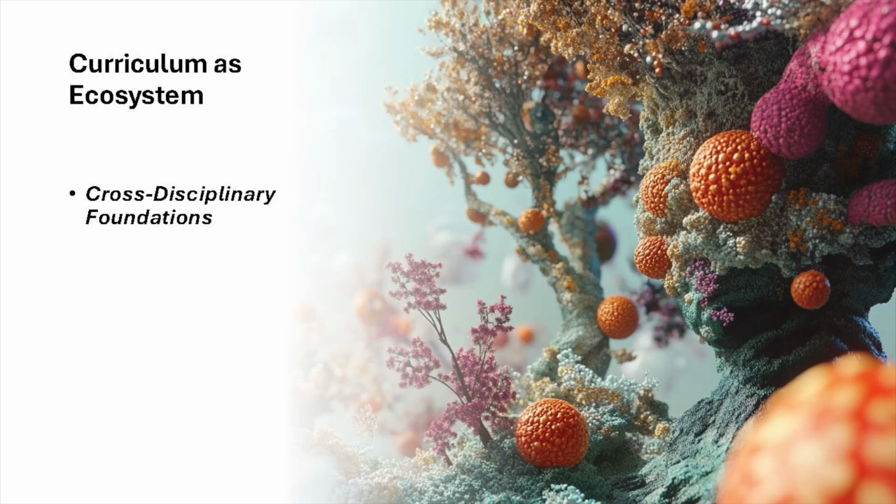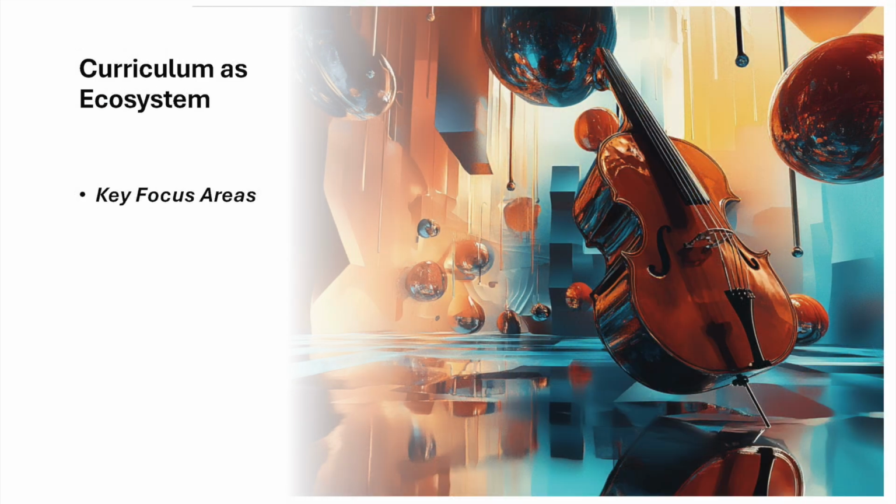This systems-based orientation also reflects Biggs and Tang's notion of constructive alignment, where learning objectives, teaching strategies, and assessment are mutually reinforcing across disciplines. The ecosystem model is animated by key thematic and technical focus areas that reflect current industry priorities and pedagogical innovations.